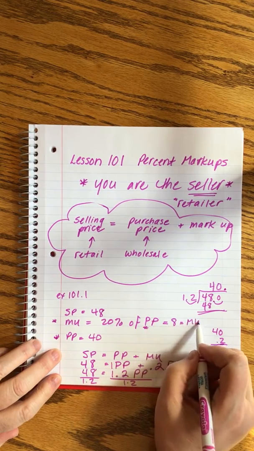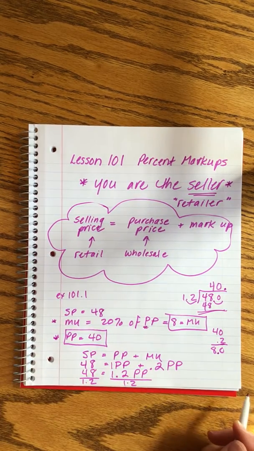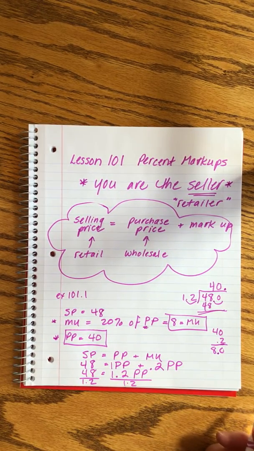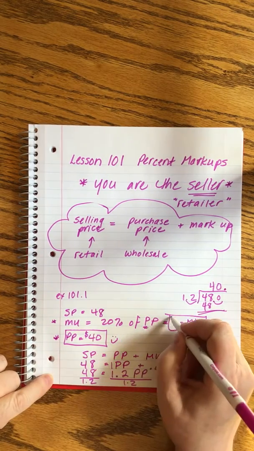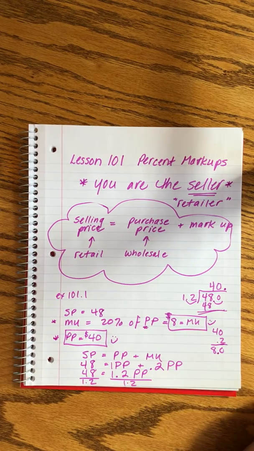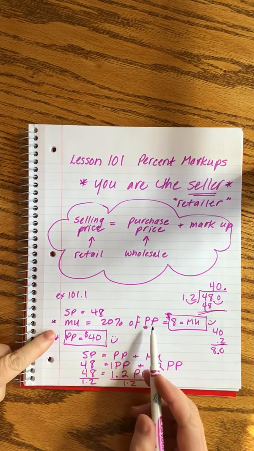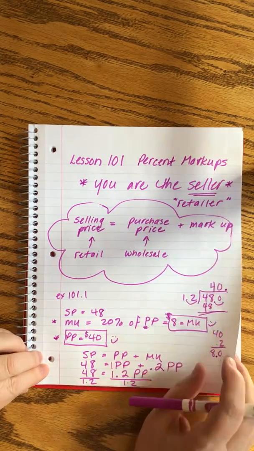And I'll write this again so that I can box it and it will make sense. And I'm checking the answers. 40, I should put a $ sign on that so it is more, it's like putting the units on it, right? And that's correct. All right, so in this example, our markup was based on the purchase price. Now we're going to see one that goes the other way.